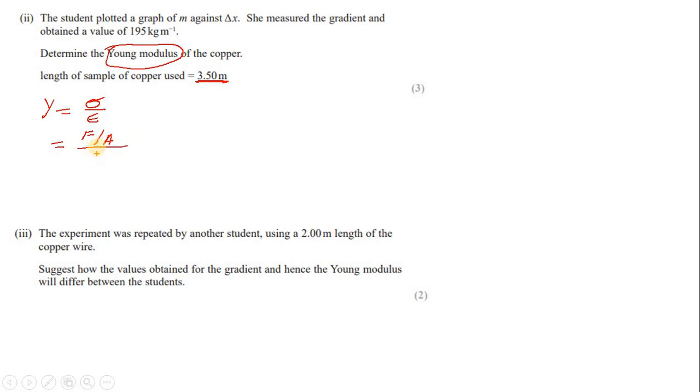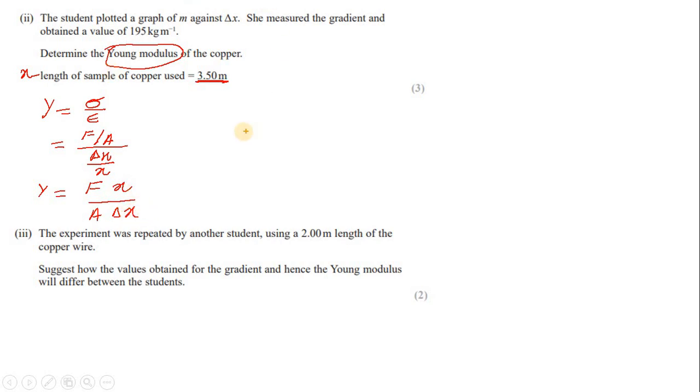Strain is change in length, which is delta x, divided by the original length. I'm calling this x, the original length. So you can simplify, so Y would be equal to F x divided by A delta x.